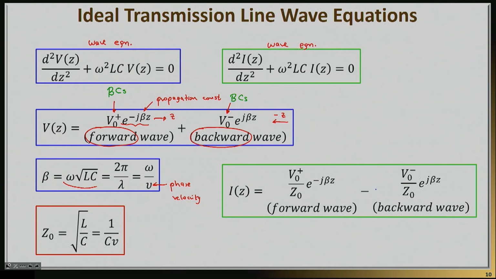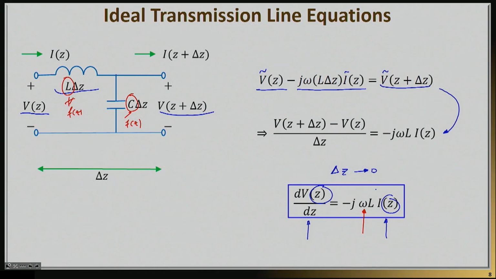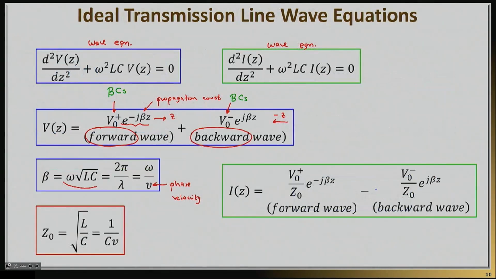Once I know my solution to the wave equation from a voltage perspective, I can just go ahead and find the current I. As you can probably imagine, this current can be found very easily, for example, from the first equation. I can plug in my voltage into this equation, and that will yield I. If you do that, you will get a current that is nicely written here, which is almost the same thing.